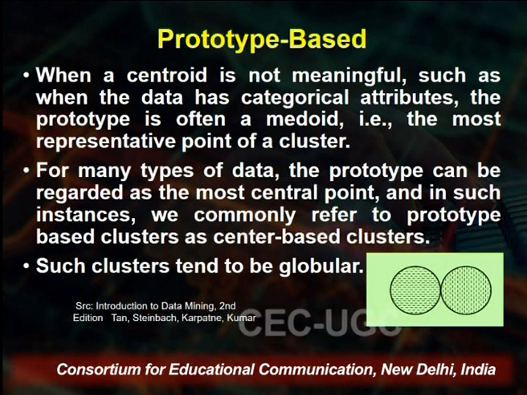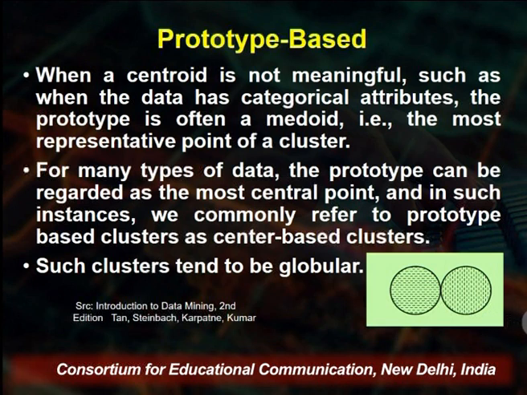So when we are looking at data which has got, say, categorical attributes, in that case we take the medoid value to be the prototype. What is the medoid value? The most representative point of a cluster, that point which is having the maximum representation, right.